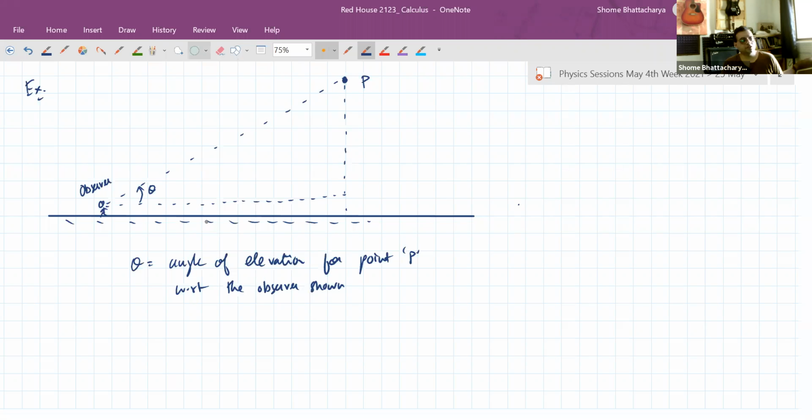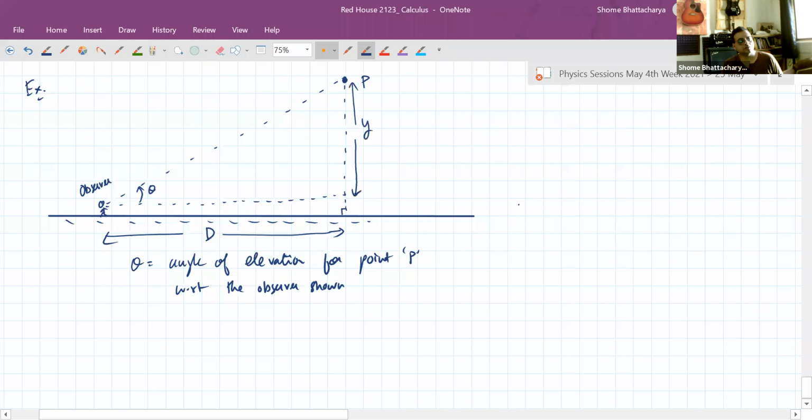So if this horizontal distance is d from here to here, and the height of this particle is, let's say, y, then theta is equal to tan inverse of y by d. Or in simpler language, we can say that y by d is equal to tan theta.